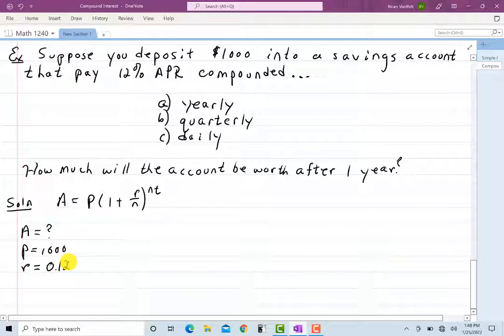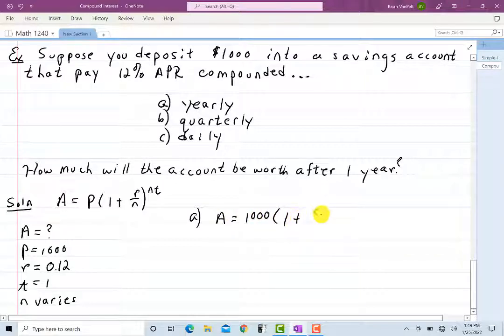And then N and T, well, T is equal to 1, and then N varies depending on the problem. So we'll start with part A, and I have every letter I need except for the letter A. So A will equal the 1,000 times 1 plus 0.12 divided by, now for part A that was yearly, so we're going to do it once per year. That means the N will be 1, and after 1 year the T will also be 1.